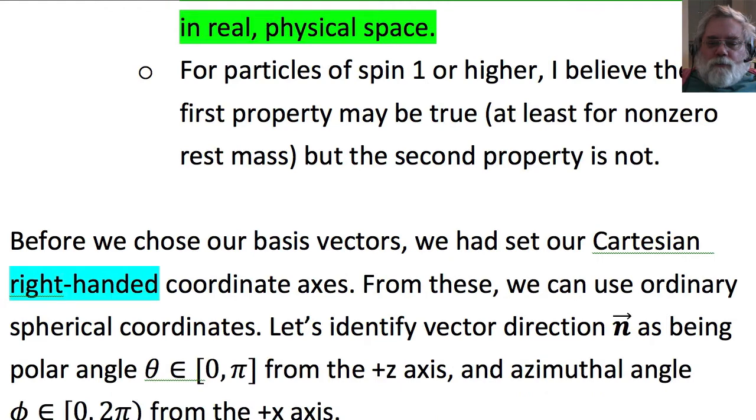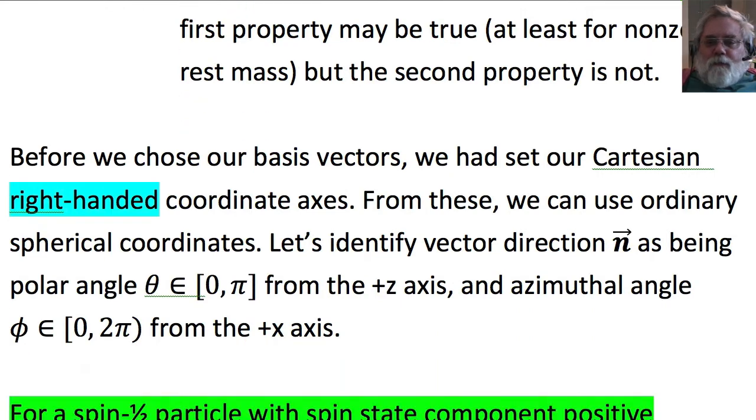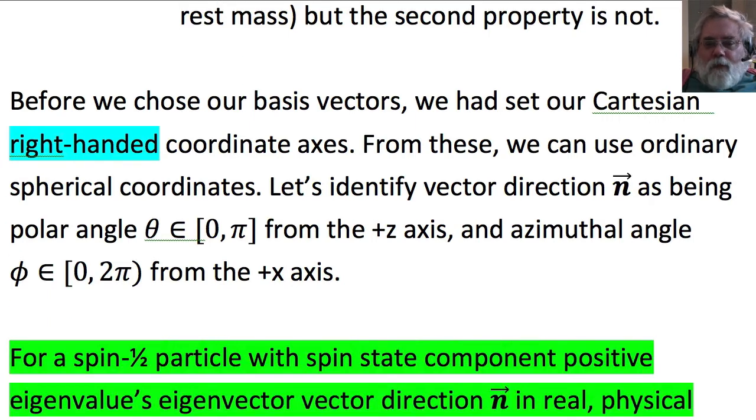Now before we chose our basis vectors, we had set our Cartesian right-handed coordinate axes. And from these, we can use ordinary spherical coordinates. We can identify a vector direction in real space as being polar angle theta from the plus z-axis and azimuthal angle phi from the plus x-axis.